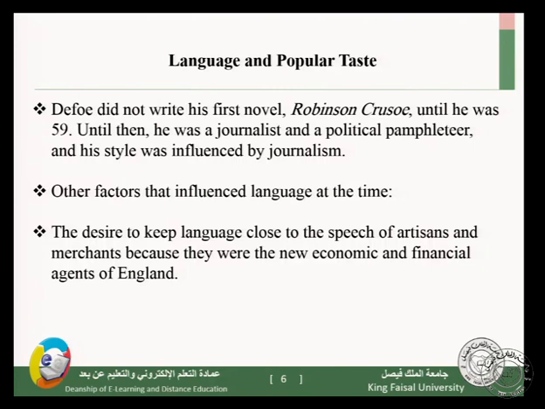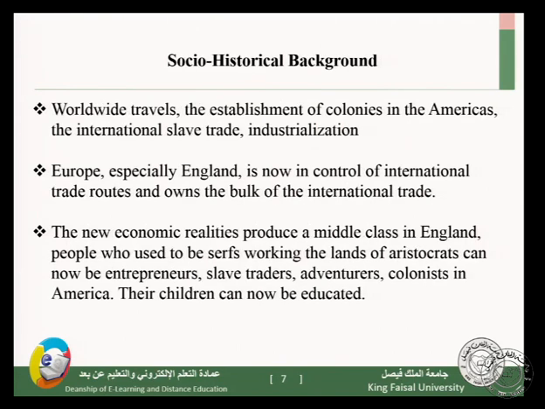Now that England has colonies in America, England controls the international slave trade, England also has factories, so the people who now drive the economy in England are not landowners or feudals or aristocrats, it's artisans, it's craftsmen and merchants. And because they're the ones who drive the English economy, there is a desire to keep language close to their speech, to the way they speak, right? So this is also another thing that contributed to the development of the English language.